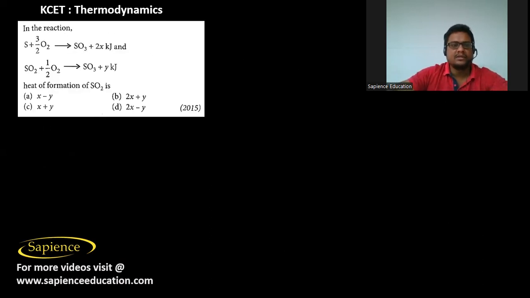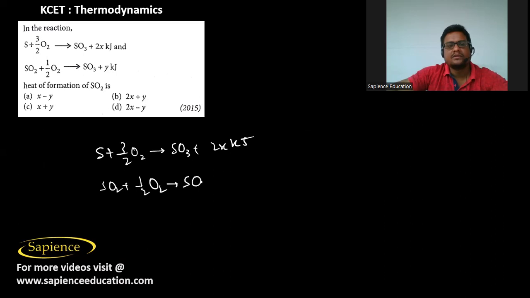Then here it is told in the reaction S plus 3 by 2 O2 gives SO3 plus 2x kilojoule, and SO2 plus half O2 gives SO3 plus y kilojoule. Then the heat of formation of SO2, so it means that 1 mole of sulfur should react with 1 mole of O2 to give SO2.